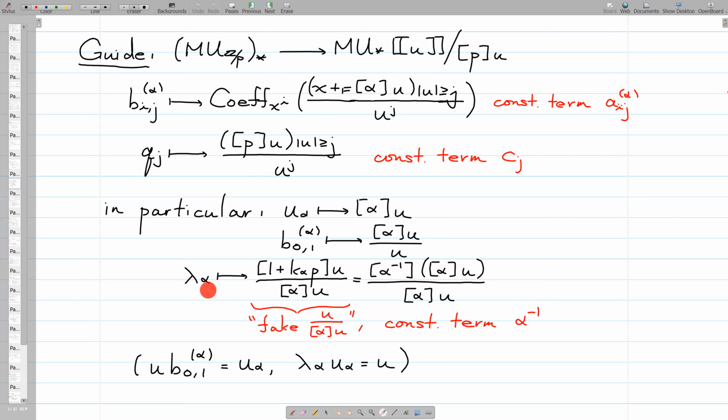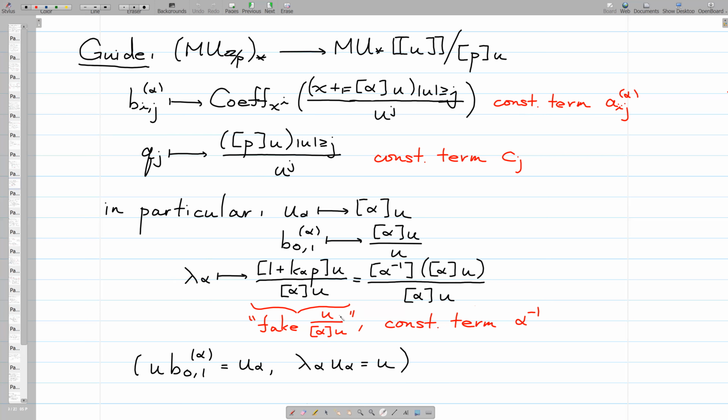What about these lambda alphas? They also have to be there. It turns out they're kind of a fake inverse for B01 alpha, so it's kind of a fake U over alpha. So why is that?